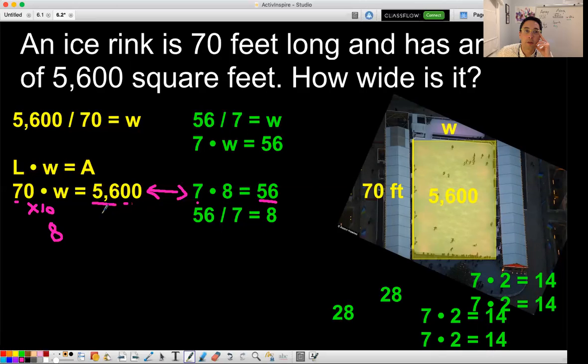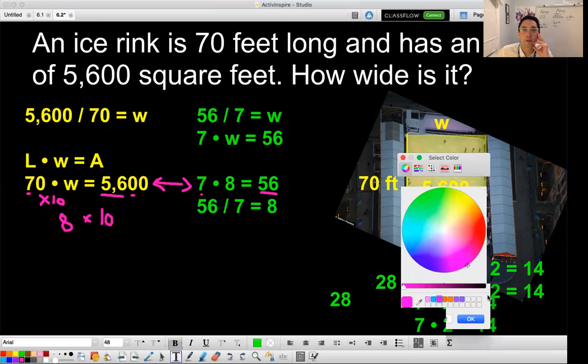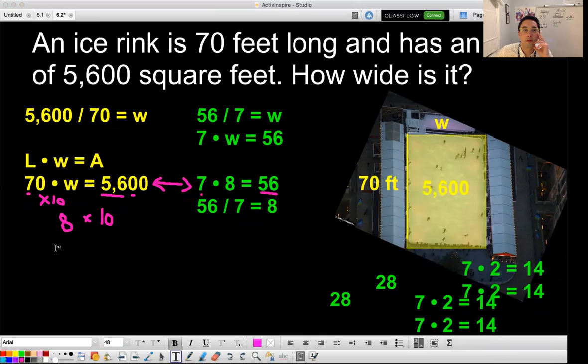So I need to do this times 10. So how much would that be? 8 times 10 would give us, so I'm trying to find the right color, which of course I don't have. 8 times 10 would give us 80. Okay, 80 what? 80, so W equals 80.